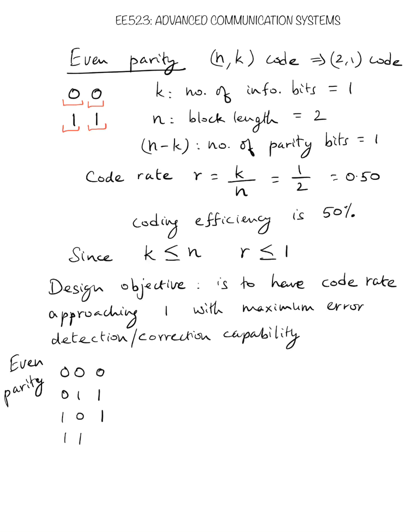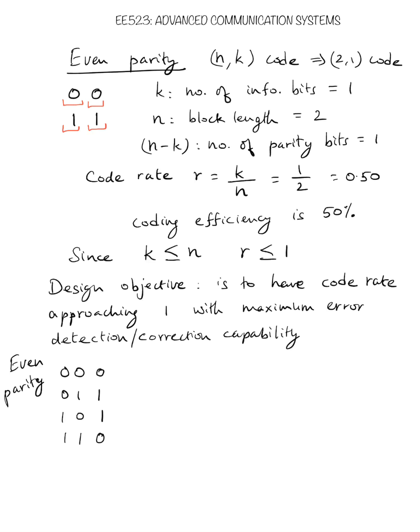And here we already have 2 ones, so we have to add the parity bit as 0. Here we have 0 ones, here we have 2 ones, here 2 ones, and here also 2 ones. So the extra parity bit is added such that the total number of ones in each code word is even, because we are following the case of even parity.